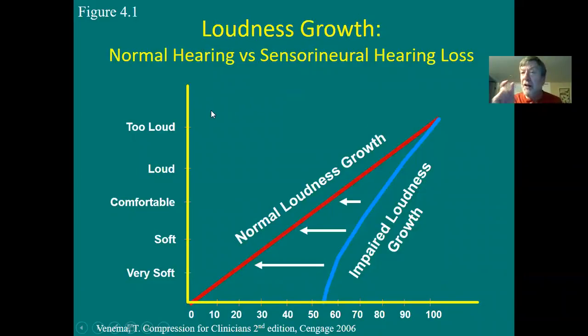With outer hair cell damage, which causes presbycusis, noise-induced hearing loss, whatever, with hair cell damage, now the floor is elevated. The ceiling isn't. So the guy can't hear down at 0 anymore. Now he can't hear until 50. So now 50 to 60 sounds very soft.